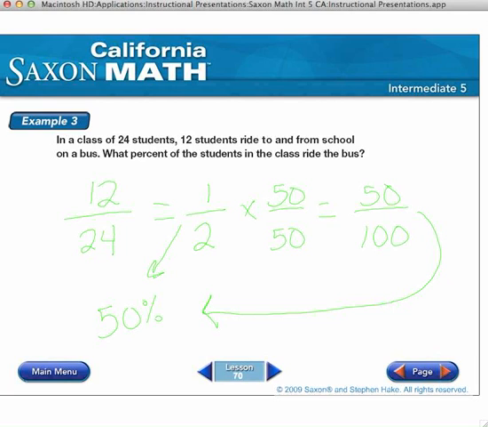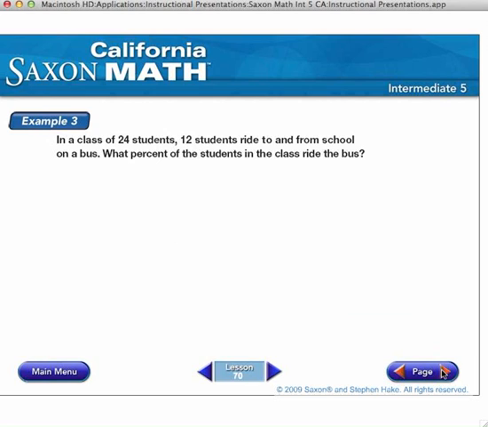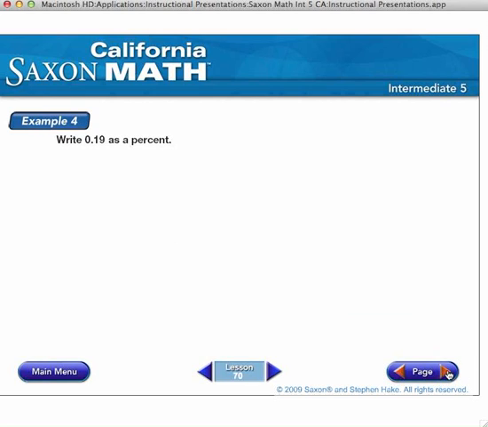Okay, example 4. Write 19/100ths as a percent. Well, I can write it several ways. The original way, I can write it as a fraction, 19/100ths, and then it is equivalent to 19%.